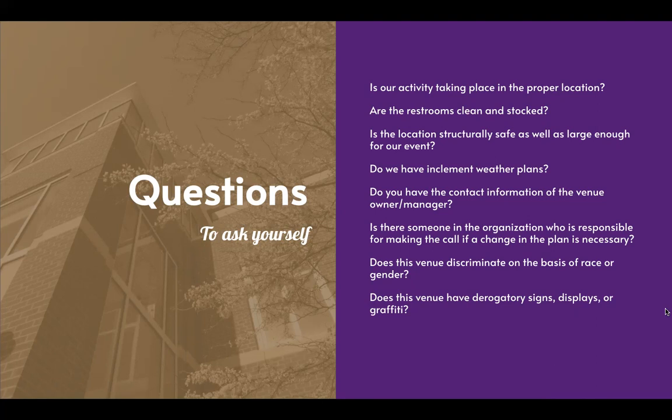Do we have contact information of the venue owner or manager? 6. Is there someone in the organization responsible for making the call if a change in plans occurs? 7. Does the venue discriminate on the basis of race and gender? 8. Does this venue have derogatory signs, displays, or graffiti?